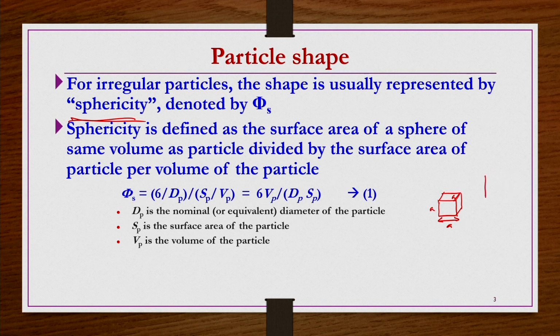Now, you take another cubical particle, but of a different size, so B, B, B, where A is not equal to B, and they are not proportional to each other, and let us say B is much higher compared to A. Then the sphericity for this smaller cubical particle and the sphericity for this larger cubical particle are not going to be different, they are going to be the same. We can prove that, we can take the different cubes, calculate the sphericities, and you will find it so.